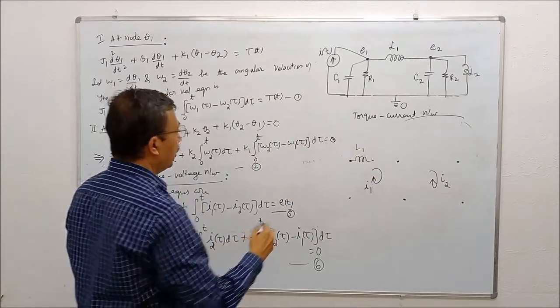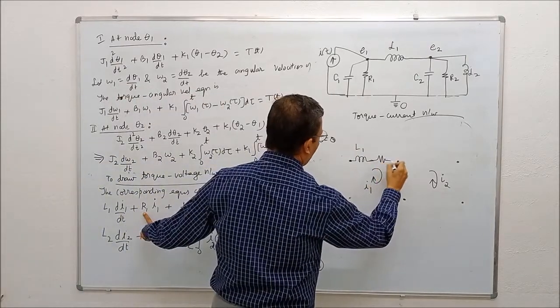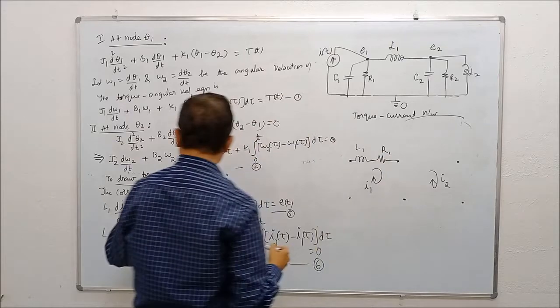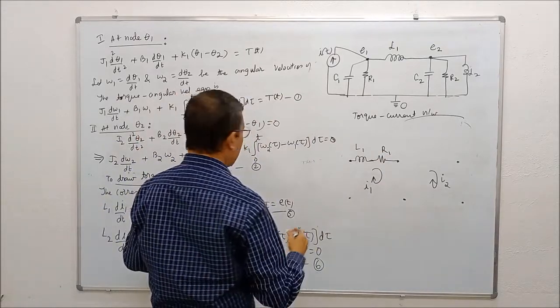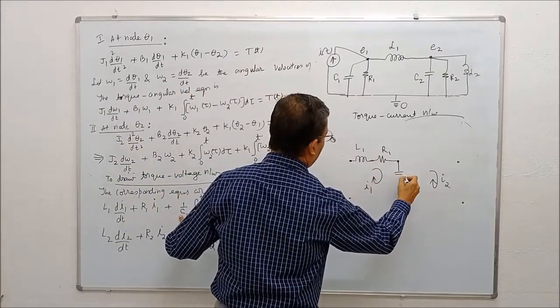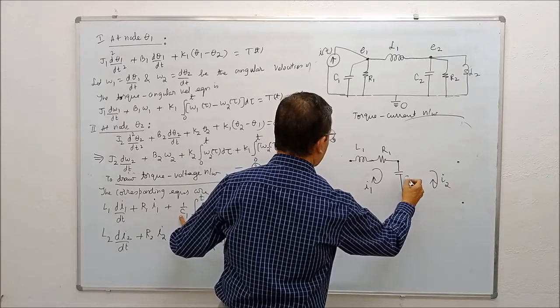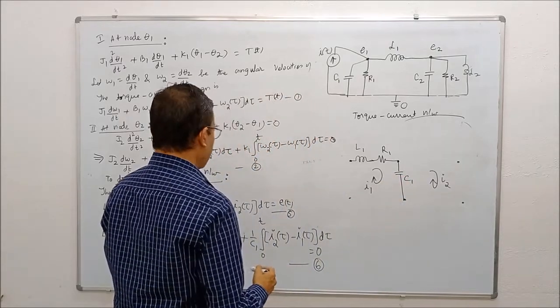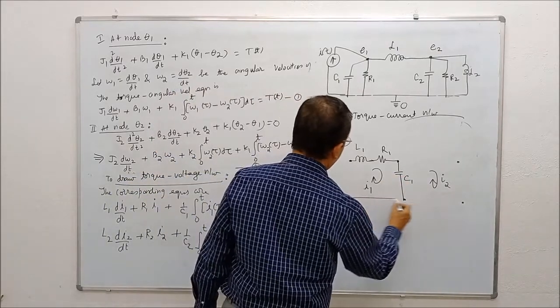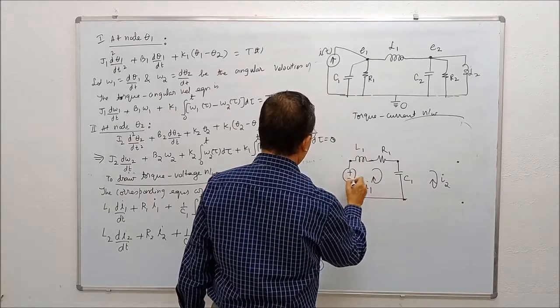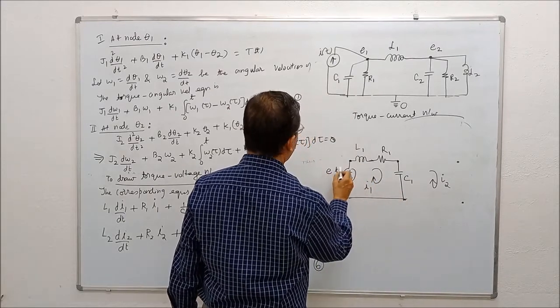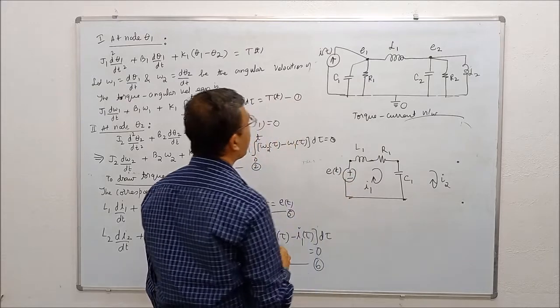Current through R1 is I1. Current through C1 is I1 minus I2, therefore C1 is common to mesh 1 and mesh 2. Insert the voltage source. Its polarity should be such that it drives the current I1.